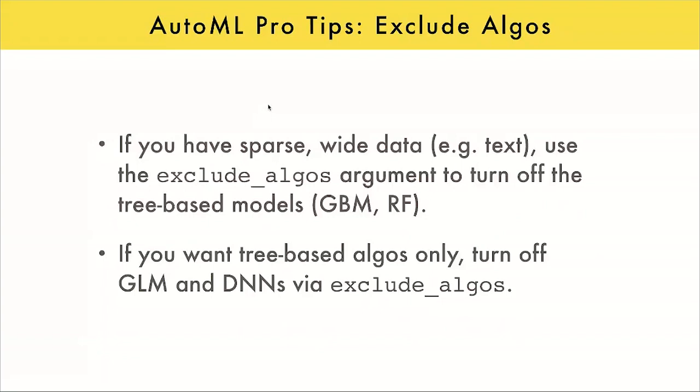But if you have very sparse, wide data that maybe you got from tokenizing text or using word2vec on text, then you might want to play around with the exclude algos. You might want to just give it a go on the defaults, but if you feel it's too many features, too wide to handle for the GBMs or random forest, you could turn off those algorithms and then let GLMs and deep learning go at it.